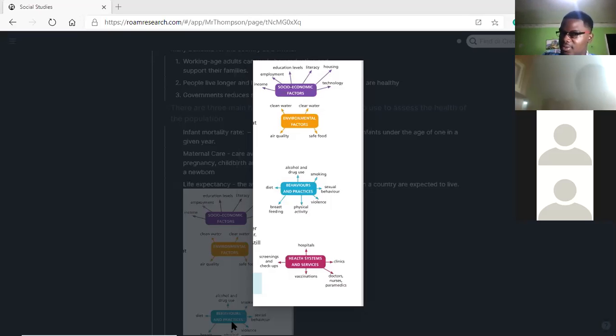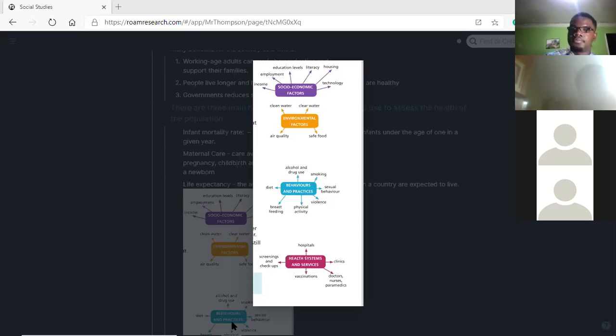Yes. Why do you breastfeed? To get nutrients. If you don't get enough nutrients, something bad happens. And physical activity. You guys are online now, but you really should be walking and exercising at least once per day, right? Because that's what contributes to your health. And violence, smoking, and sexual behavior really are the health factors that will determine it.